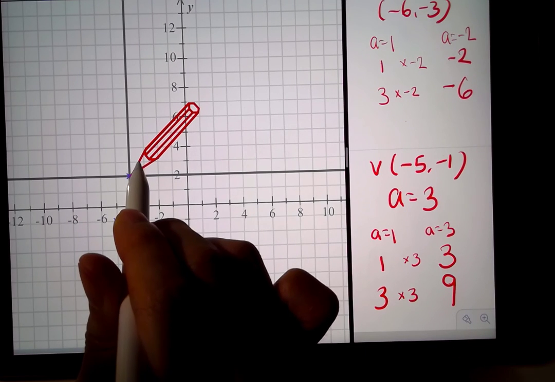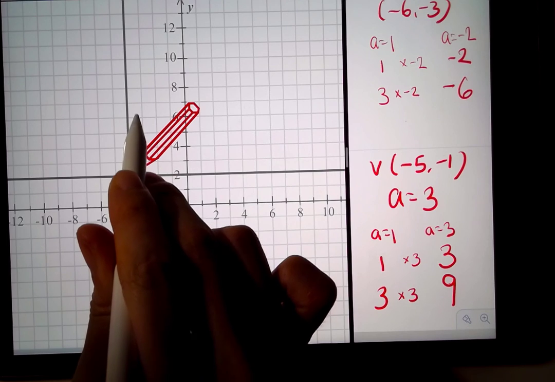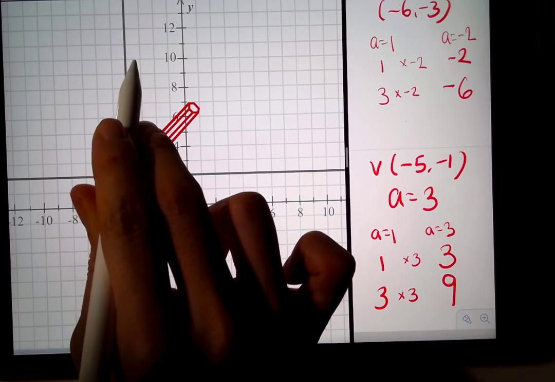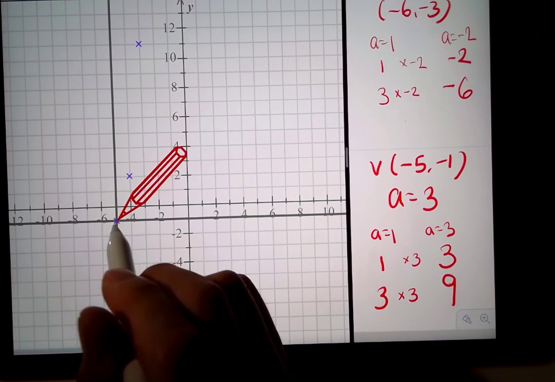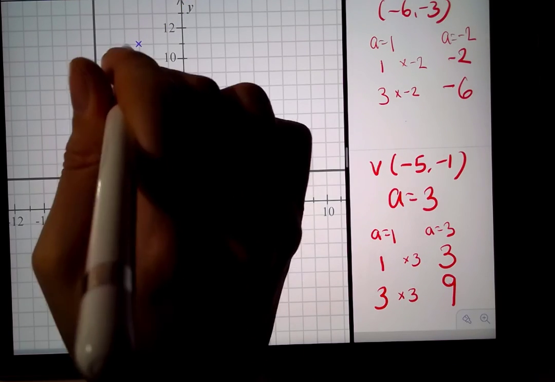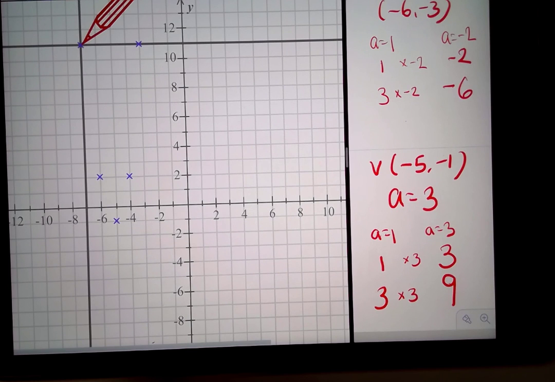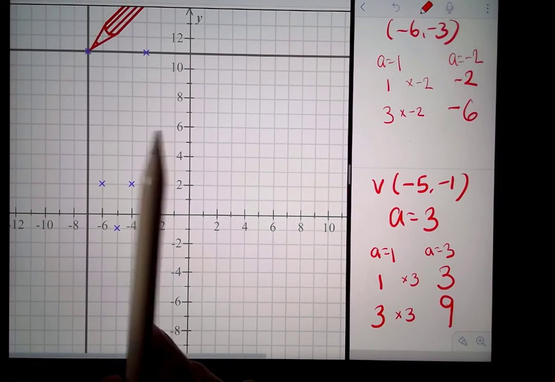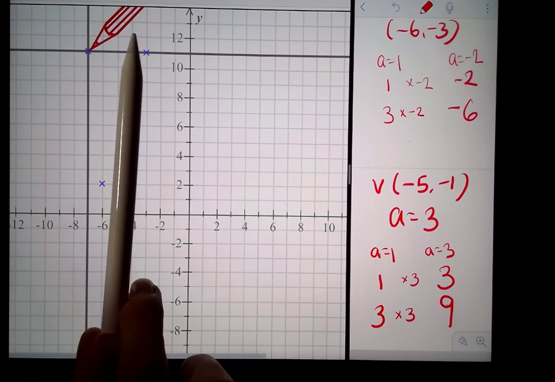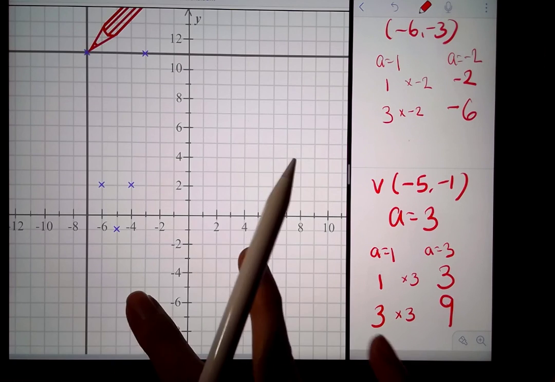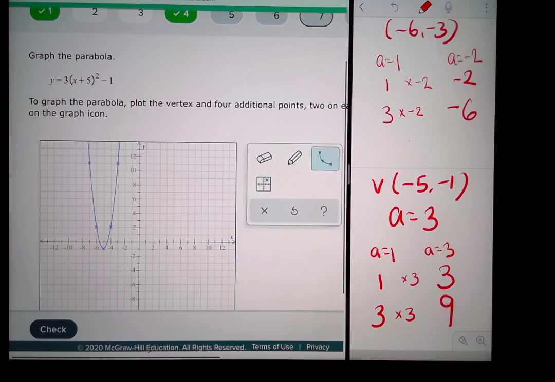So from here you go 1, 2, 3, 4, 5, 6, 7, 8, 9. So it's right there. And you just complete the other side, like this. Alright? Because -5 is your axis of symmetry, right? And then we just press the graphing button like that.